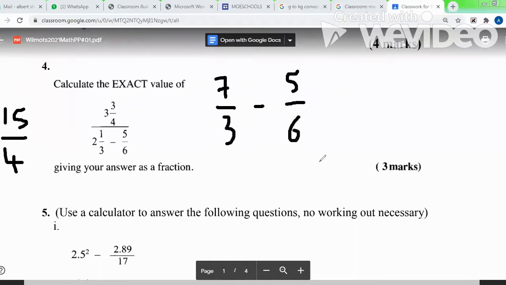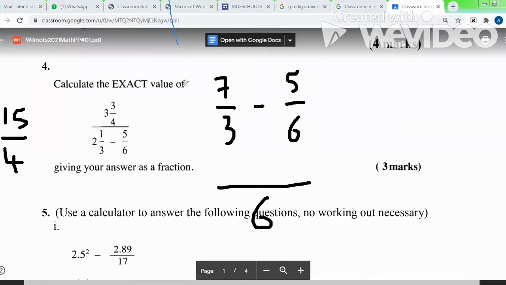And then you'd have to find the LCM, which would be 6. So you would say 3 into 6 goes 2 times.